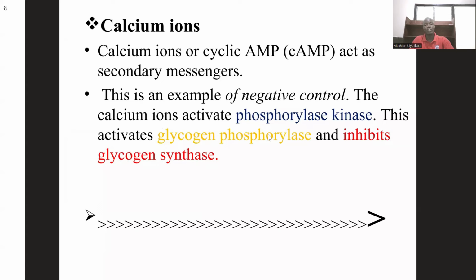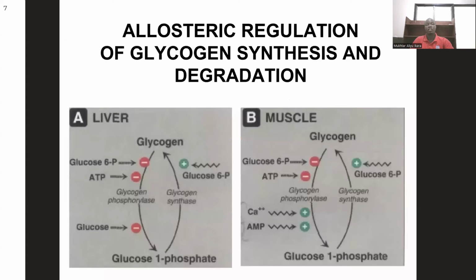So once glycogen phosphorylase is activated, glycogenolysis will be activated, and it inhibits glycogen synthesis. So calcium ion is a secondary messenger that promotes glycogenolysis and inhibits glycogenesis by inhibiting glycogen synthase and activating glycogen phosphorylase, which is the master enzyme of glycogenolysis.